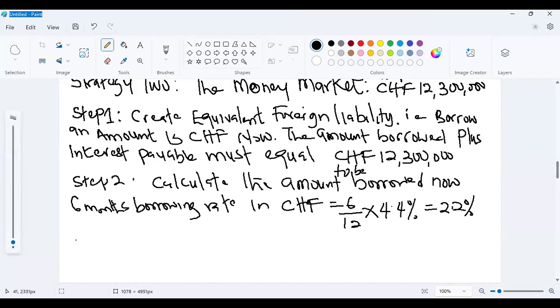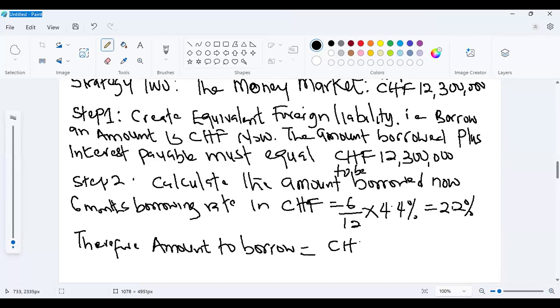Therefore, amount to be borrowed. Therefore, amount to borrow is equal to, look at it, the target amount.